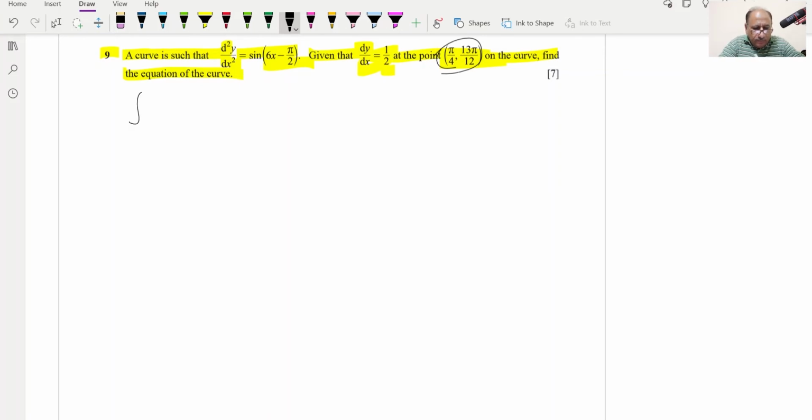So integral of d2y over dx square will change to dy over dx.